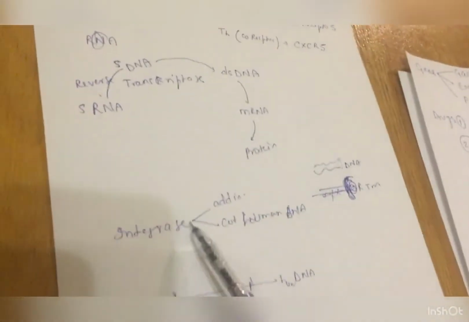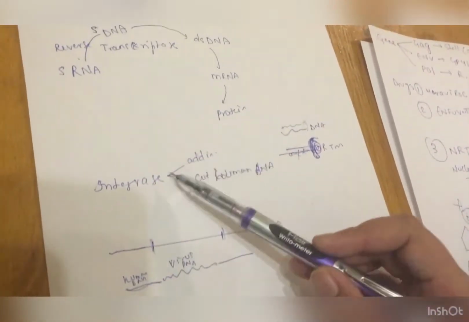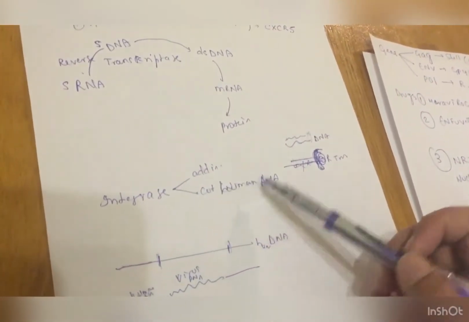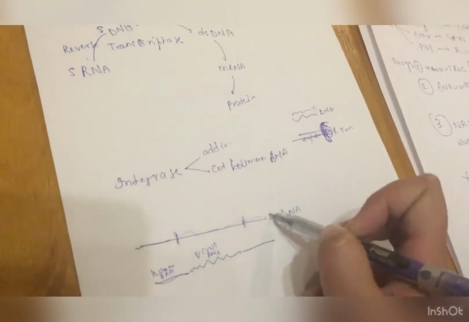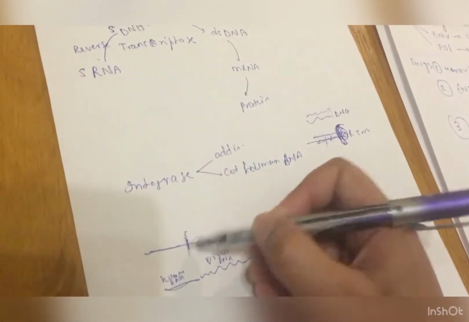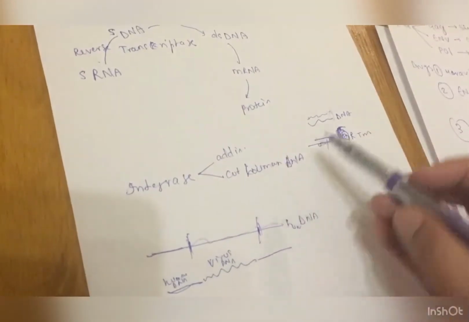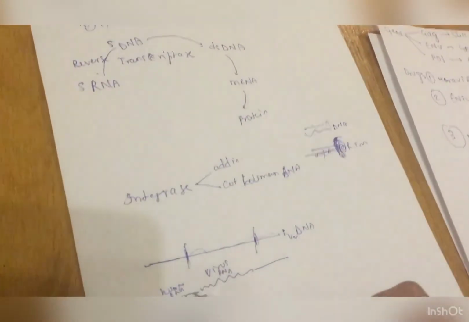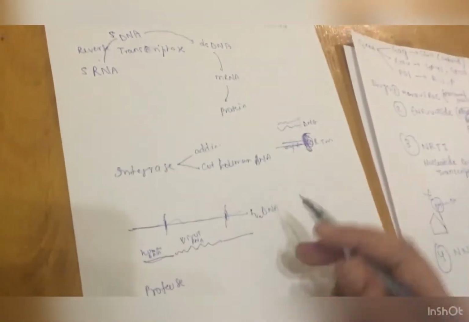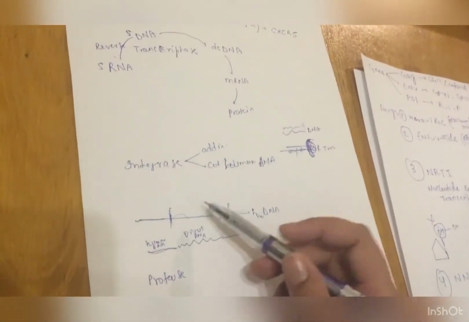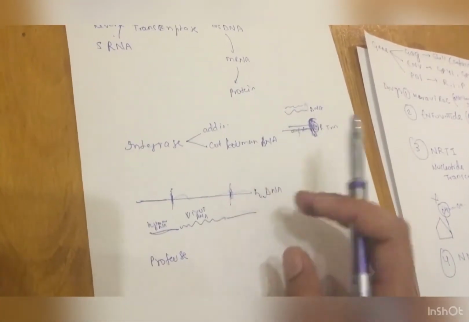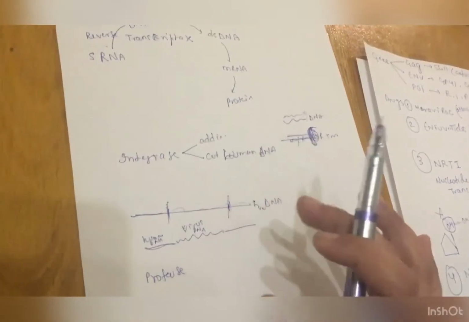The function of integrase enzyme is to cut the human DNA and then add this DNA into human DNA. Once this process is done, no drug up to now can destroy this DNA.